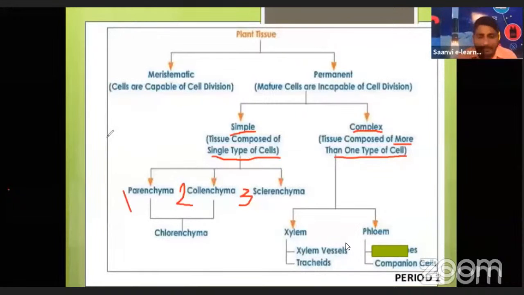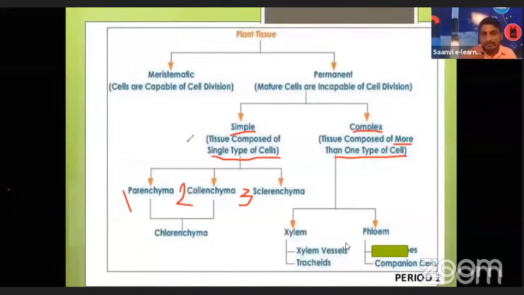The first one is parenchyma, the second one is collenchyma, the third one is sclerenchyma. Parenchyma containing chlorophyll is chlorenchyma. Please check that variation.